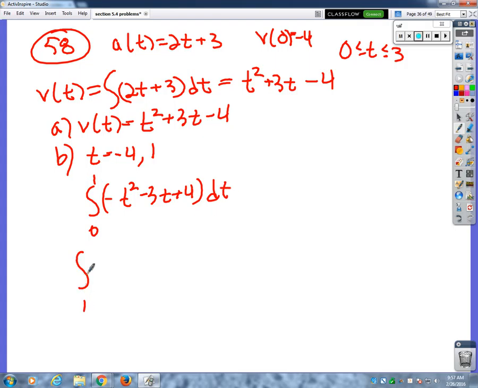And then I'm also going to do the integral from 1 to 3 of the regular. Figure out what those both are. They should both be positive. Add them together, and that's your final answer.